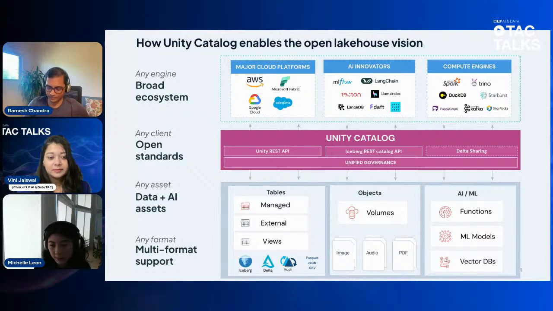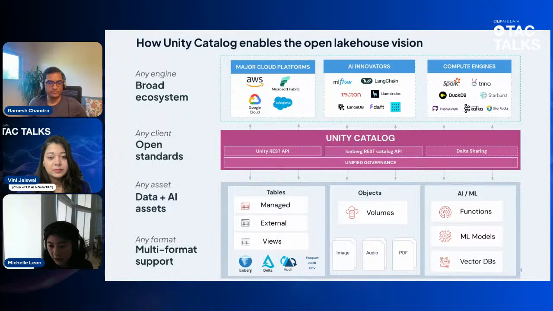The other thing to mention here is that Unity Catalog is not just tables. It also manages your objects in volumes, which is what the asset is called.